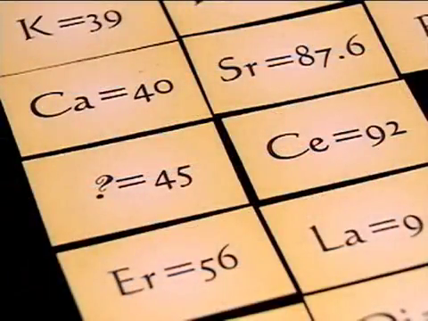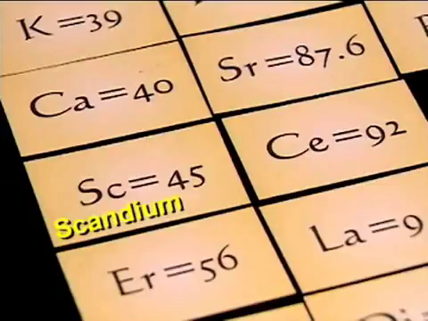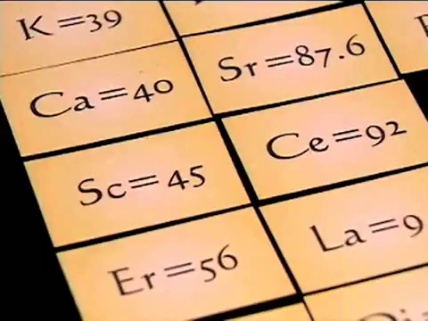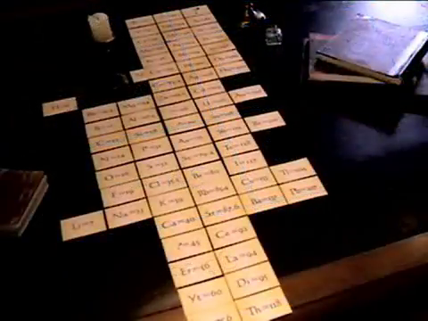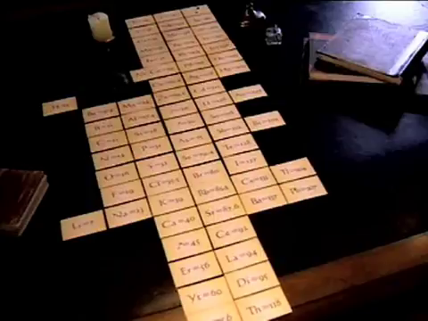Then the predicted element with an atomic mass of 45, and the discovered element, scandium, with an identical atomic mass of 45. And all these new elements had similar properties to the existing elements in their same row. From then on, Mendeleev's table was accepted by scientists.